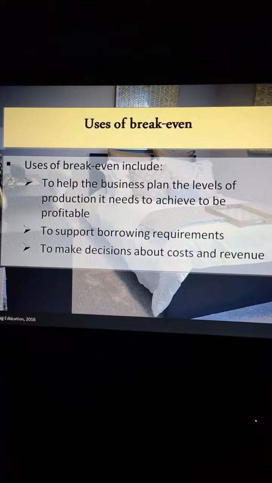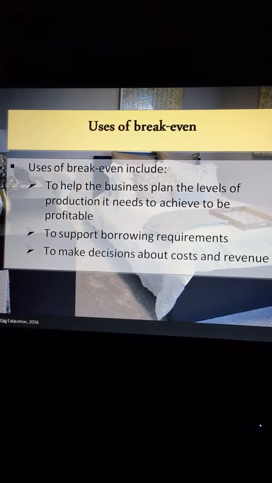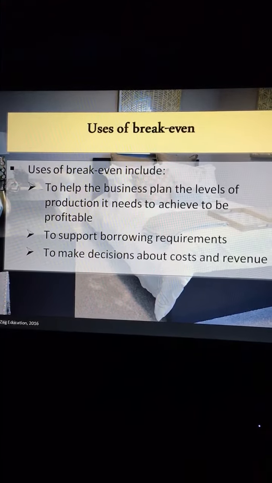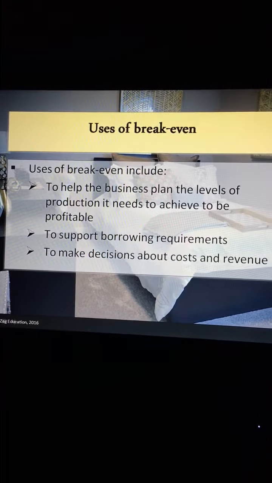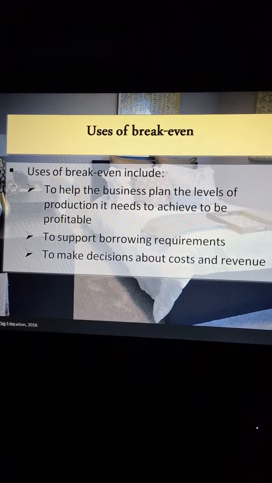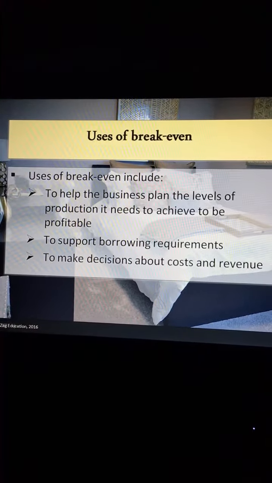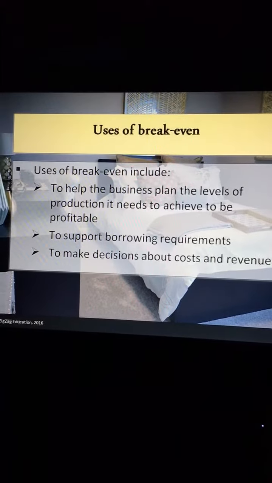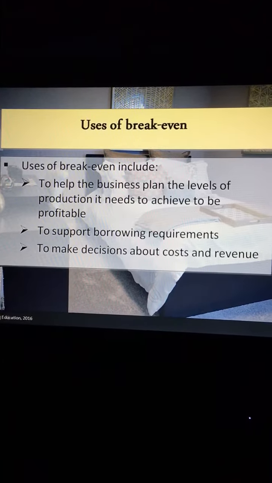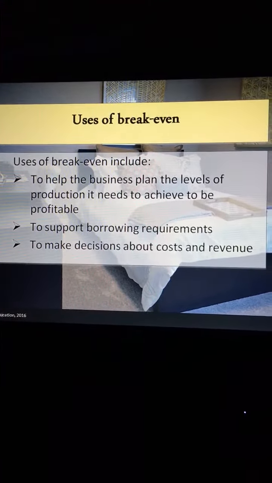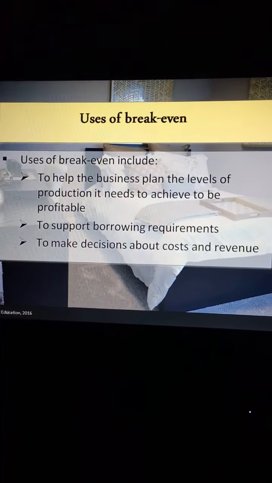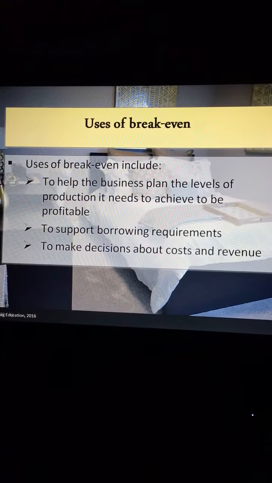If those levels are too high, perhaps you might not benefit from selling that product and you might want to take it off the customer's sales. Break even will allow you to support applications for loans, finance, so borrowing requirements will be backed up by that. And it'll also help you make decisions about how you reduce costs and increase revenues. So break even has got lots of benefits and uses.